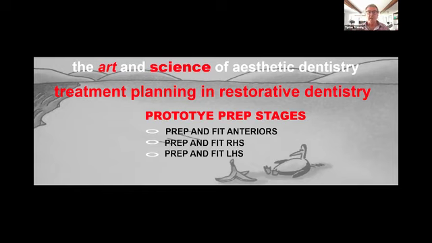So I'm now going to be prepping upper 3 to 3 and lower 3 to 3. Now we've got our wax up, and our wax up tells us, again, from models, from photographs, from our assessment, exactly where the occlusal plane should be. But very often these things look different in the mouth. So I'll have my prototypes ready. I'll do my preps. Going to use my preparation guides to do my preps. I'll fit my prototypes.